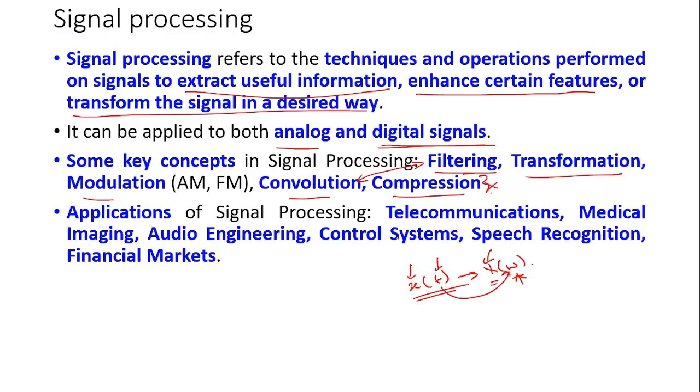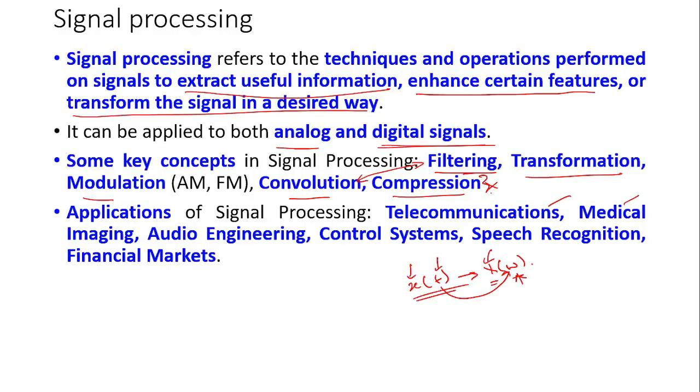Now lastly, applications. Where do we apply these signal processing techniques? In telecommunication, in medical imaging. In telecommunication, you are talking from one end and I am receiving the signal on the other end, and how it is being transmitted. You are giving some information, I am getting some information, without any distortion.